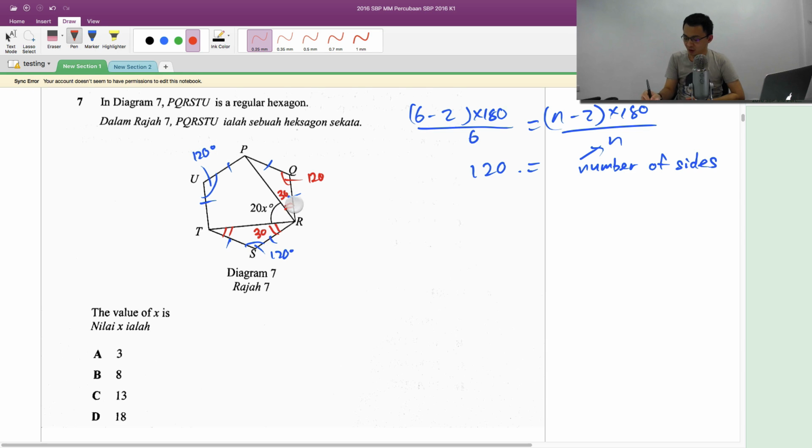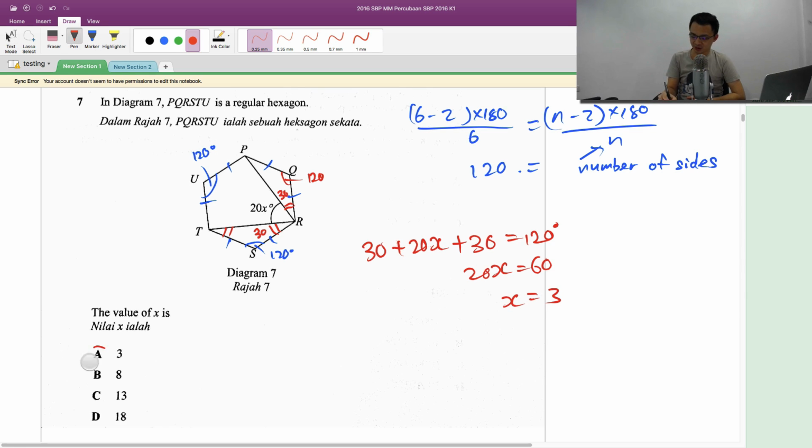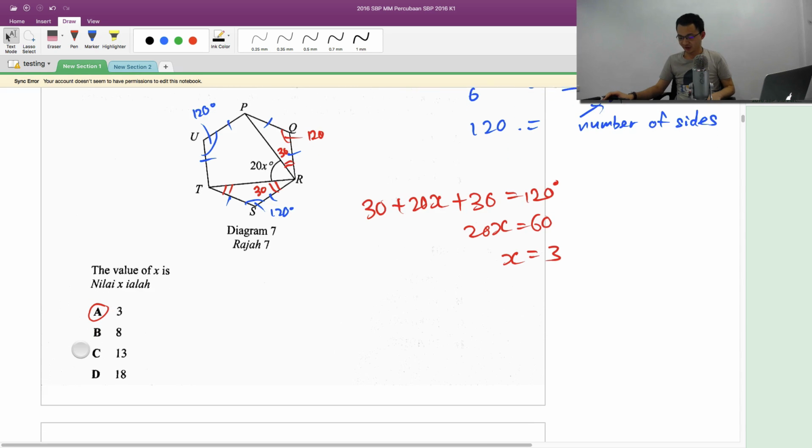Alright, so the whole angle here is 30 plus 20x plus 30. So 30 plus 20x plus 30 should equal 120. So 20x is equal to 60, so x is equal to 3. Alright, so the answer will be A. Okay, if you understand this one, it should be quite okay.